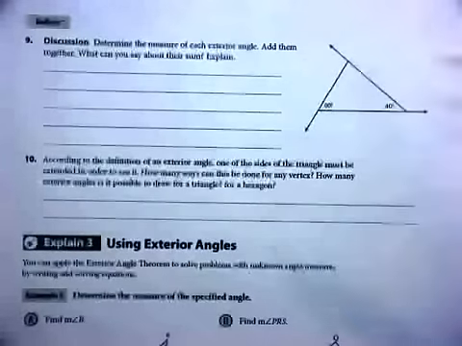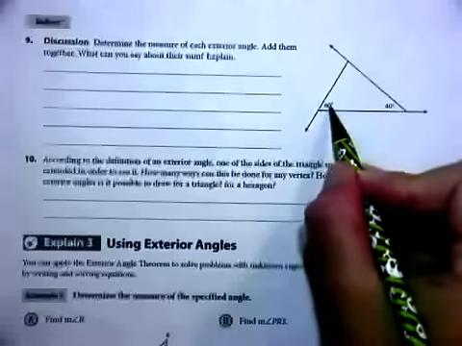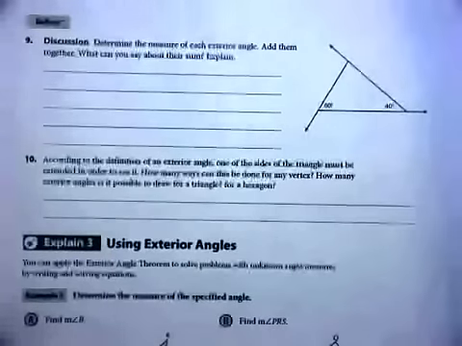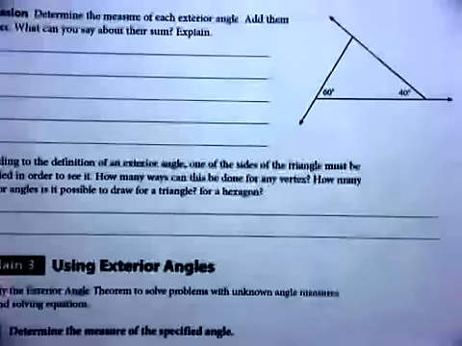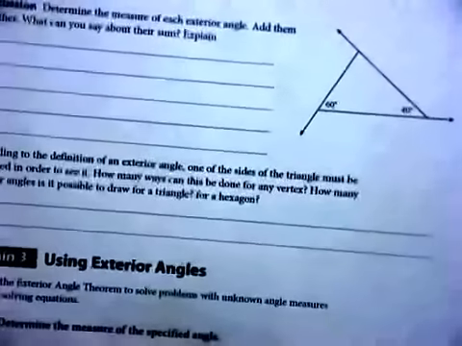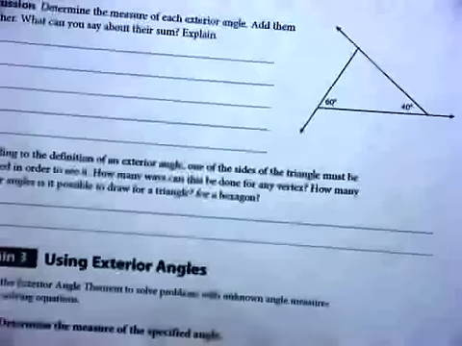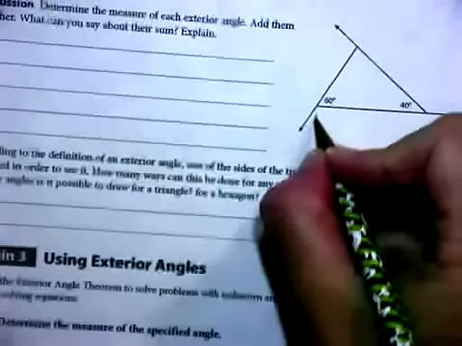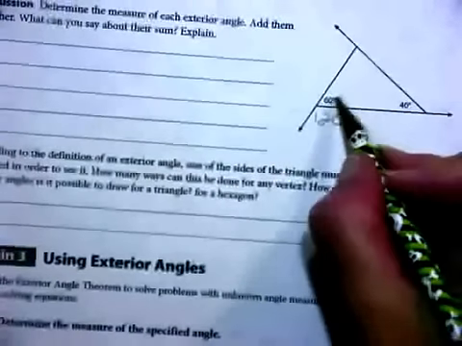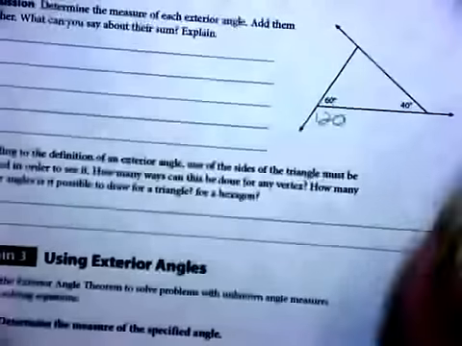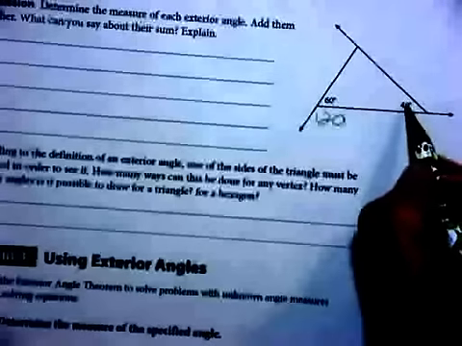In this discussion question, we're determining the measure of each exterior angle. So if this angle is 60, then this has to be 120 because 180 minus 60 is 120.